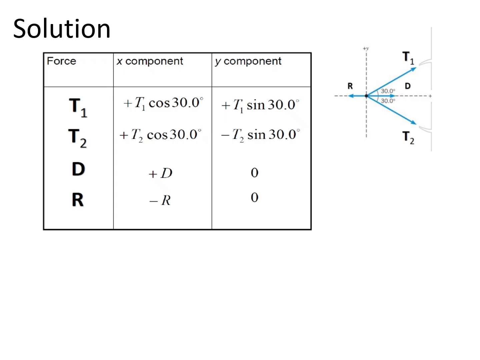For T2, the x component is positive T2 cosine 30 degrees because it also points forward, and the y component of T2 is negative T2 sine 30 degrees because it points downward. The drive force D points entirely in the x direction, so its x component is positive D and its y component is 0. The resistance force R points backward, so its x component is negative R and its y component is 0.